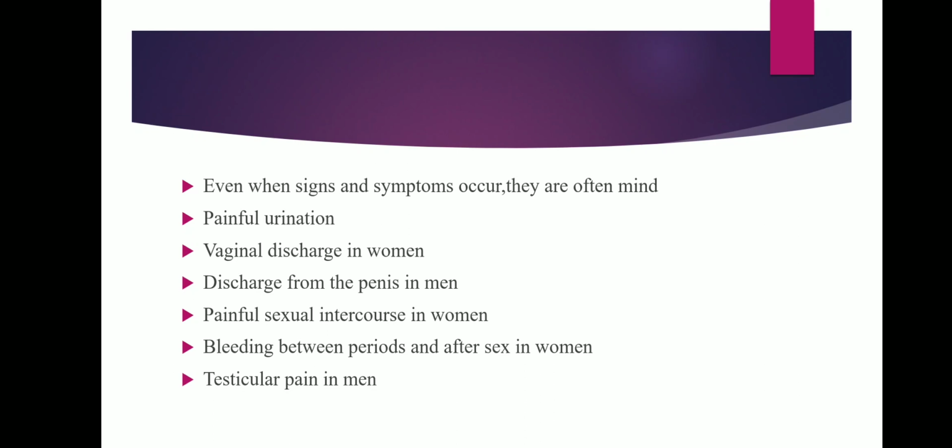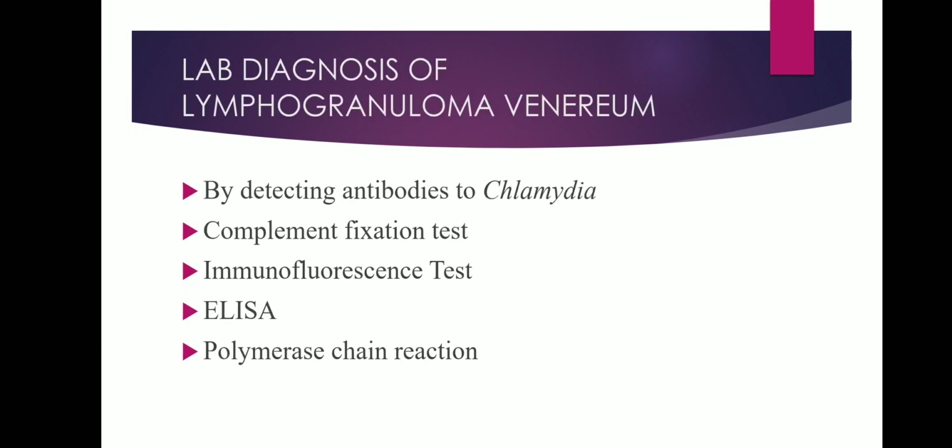The symptoms and signs during lymphogranuloma venereum are painful urination, vaginal discharge in women, discharge from the penis in men, painful sexual intercourse in women, bleeding between periods and after sex in women, and testicular pain in men. These are the symptoms of lymphogranuloma venereum.